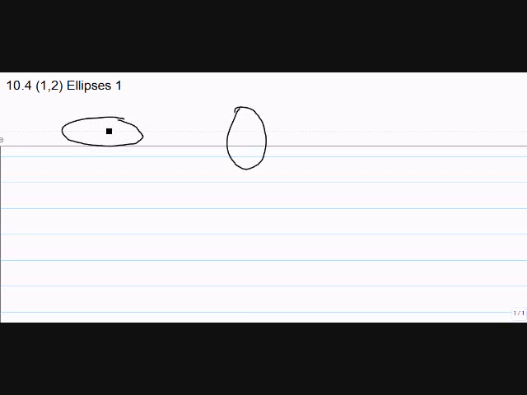The ellipses have a center right there in the middle. They have vertices, a couple of vertices that are on the long part. So here's a vertex, and here's a vertex.